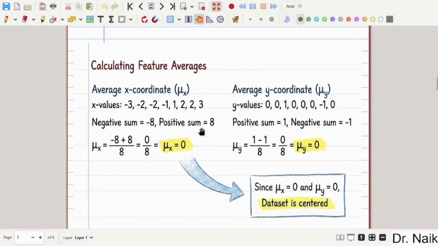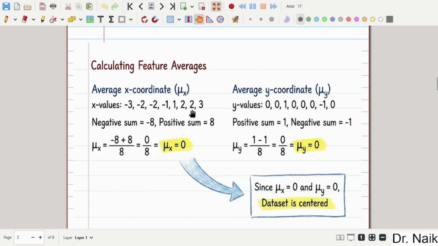Now calculate the feature averages. So the average along the x coordinate, that is mu x. Now consider only the x coordinates of all the data points. The x coordinates are -3, -2, -2, -1, 1, 2, 2 and 3.